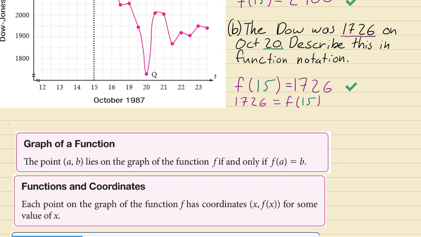And generally on the graph, the y is the same thing as the f of your x. So we're saying that b is the y and the a is the x here. So again, that means the input into the function is x, that's the a, and the whole result, f of a, is the same thing as b.